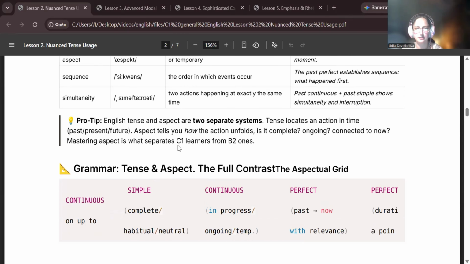So let's go for a little grammar. The first aspect, continuous.